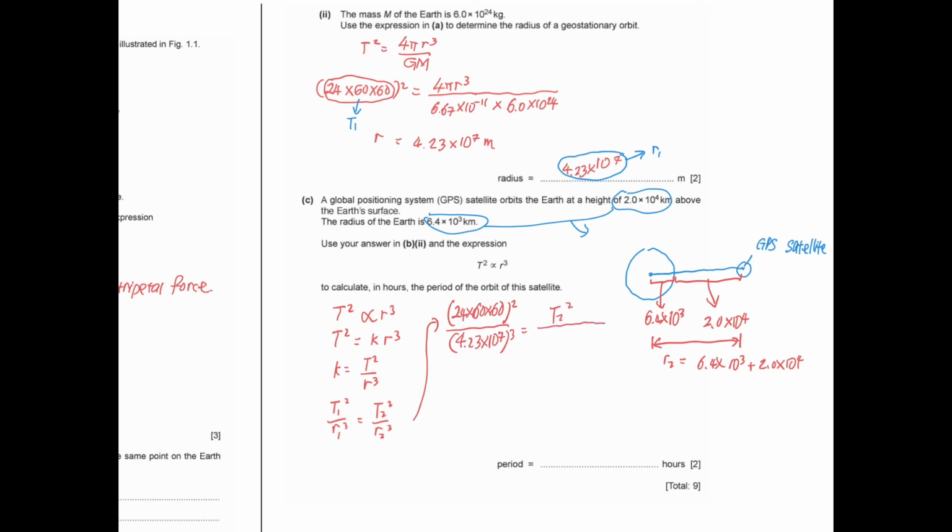R2, 6.4 times 10 to the power of 3 plus 2.0 times 10 to the power of 4, cubed. So work this out, find T2, you will get 42599.94925 seconds. Okay, that one answer in hours. So you divide by 60 and divide by 60 again, you get 11.8 hours.